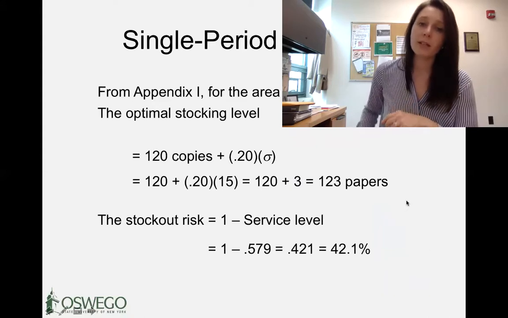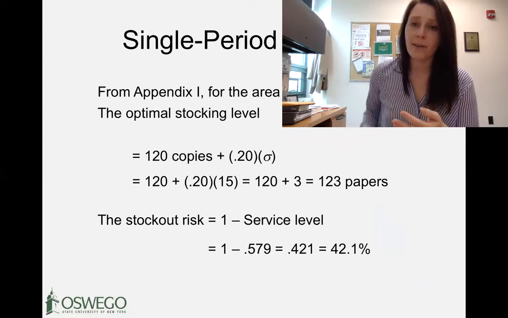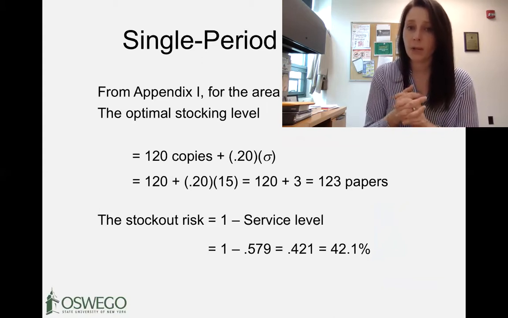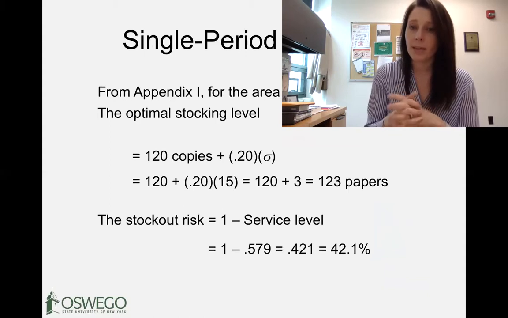So in this case, if we want to determine how many papers to have on hand, if we know that our service level is about 58%, that 0.579 corresponds to a z-value in our appendix of 0.2. So all we take is our average number of papers sold each day, which is 120, plus our z-value, which is 0.2, all multiplied by our daily standard deviation of papers sold, which is 15.